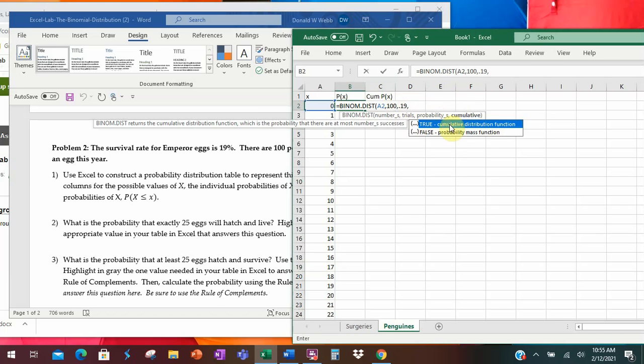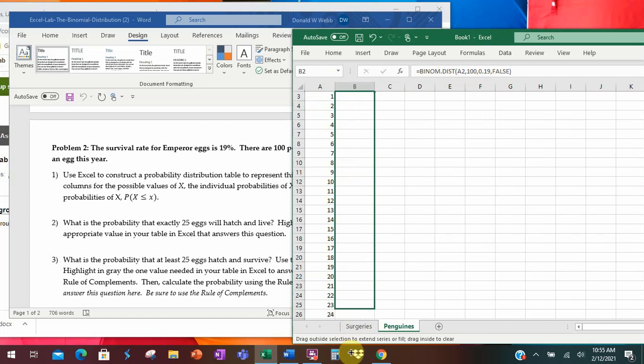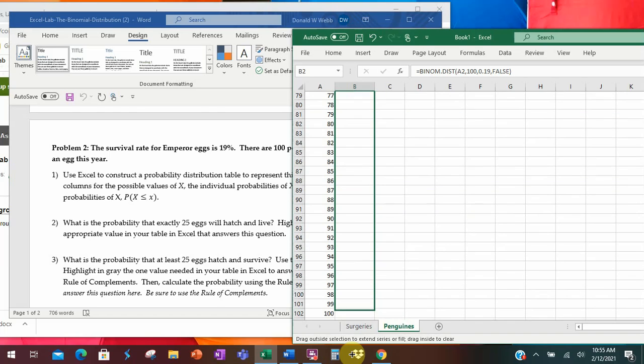And then here for the cumulative for the individuals, I don't want to accumulate, so I can do the false. And then I let the fill handle increment. That A2 is going to increment as I pull down to A3, A4, A5. So I'm going to let that do, and then I'm going to do all the way down.